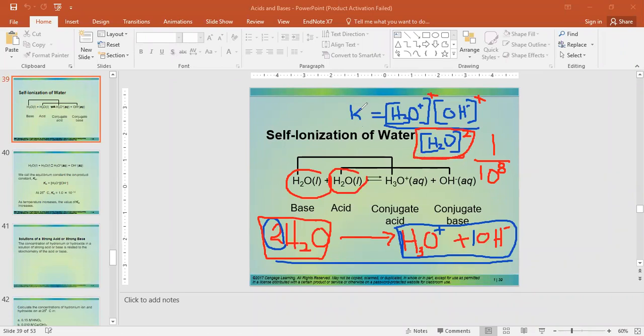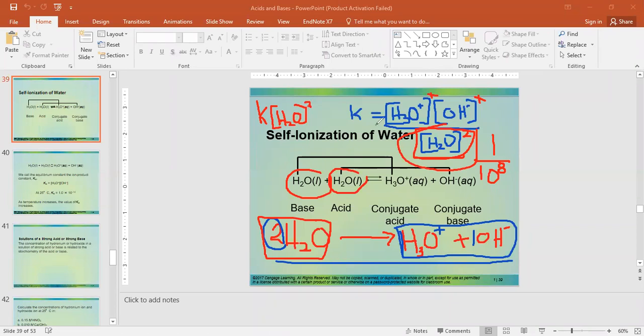Now, because K is a constant, we go ahead and multiply these 2 constants by bringing the like terms together. So we actually have K into the concentration of water to power 2.